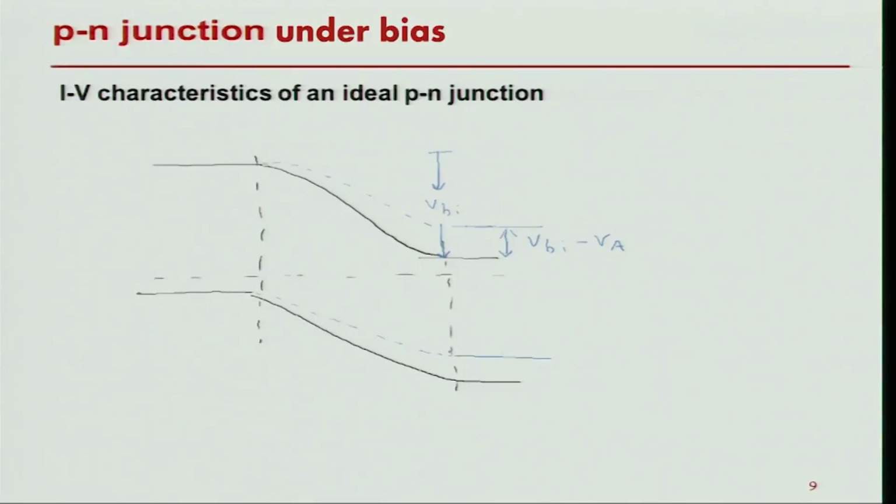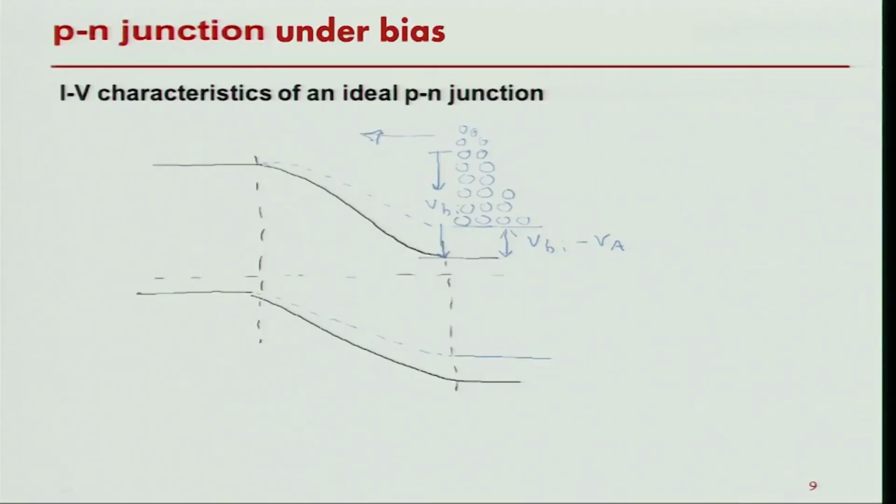What is happening to the various currents at this time? If you look at the electrons, now there will be many more electrons which will have enough energy in the conduction band of the n-type, which can cross the reduced barrier.